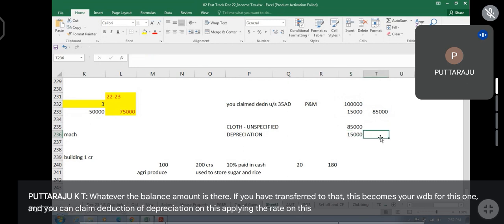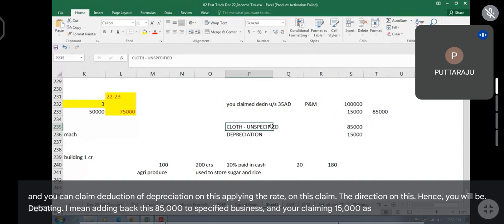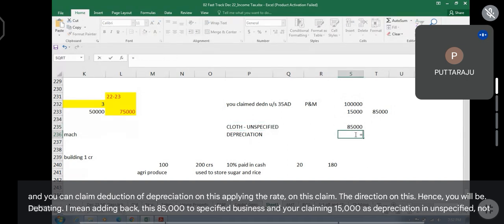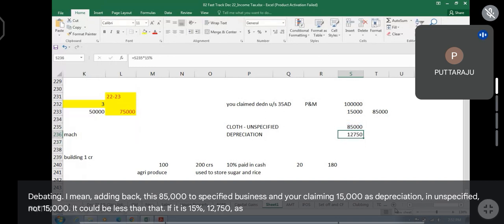Hence, you will be adding back this 85,000 to specified business, and you are claiming depreciation in unspecified business not 15,000, it could be less than that if it is 15%, 12,750 as depreciation.